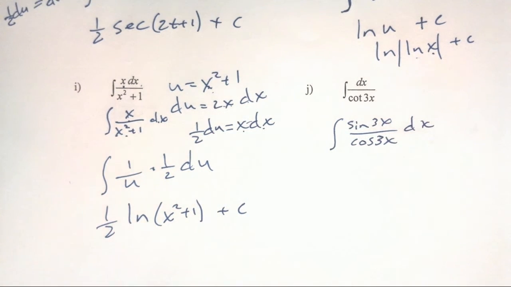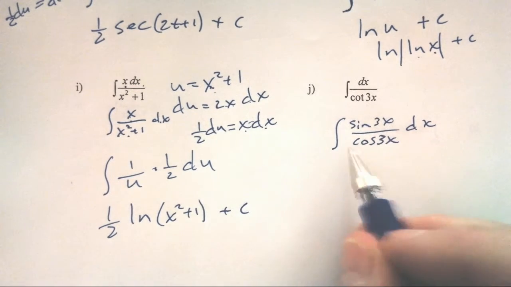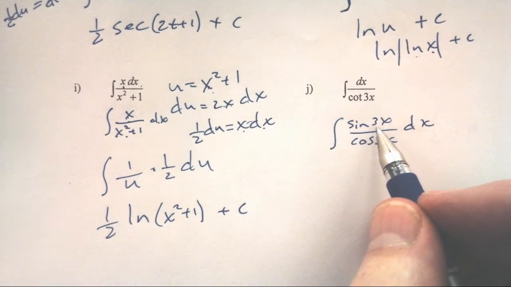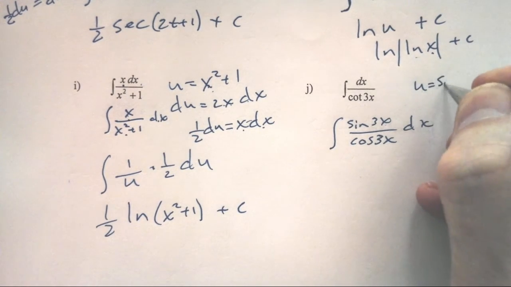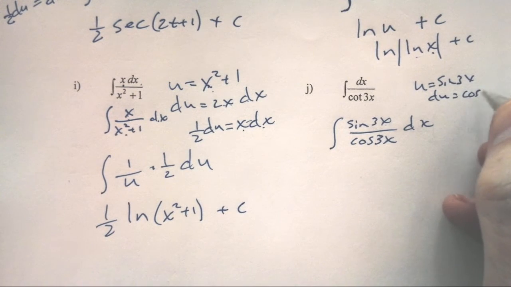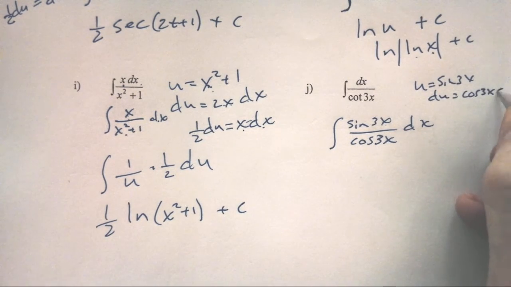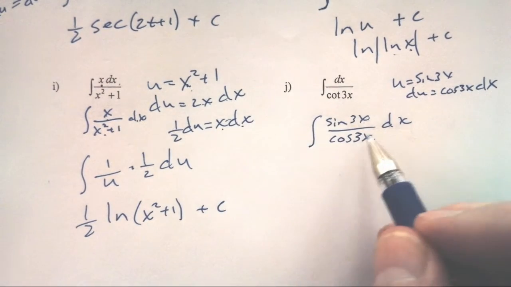Now, u could be 3x. We were in this position a little bit ago, weren't we? u could be 3x. u could be sine of 3x. u could be cosine of 3x. If u is sine of 3x, then du is 3 times cosine of 3x dx, which is a bad mixture because the cosine is not where it belongs.